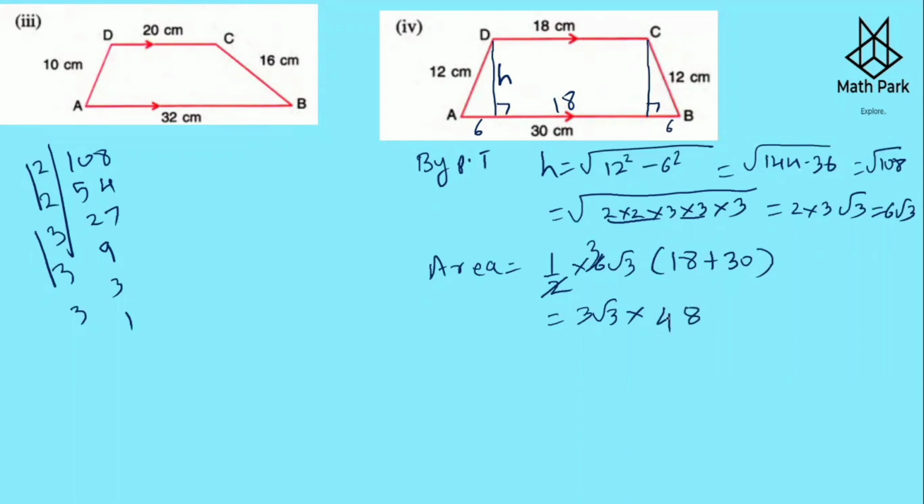And 48 times 3 is 144. 144 root 3 square centimeter is the area of this trapezium. So you can put the value of root 3 as 1.732 and calculate further. Even if you keep this much, you get full marks.